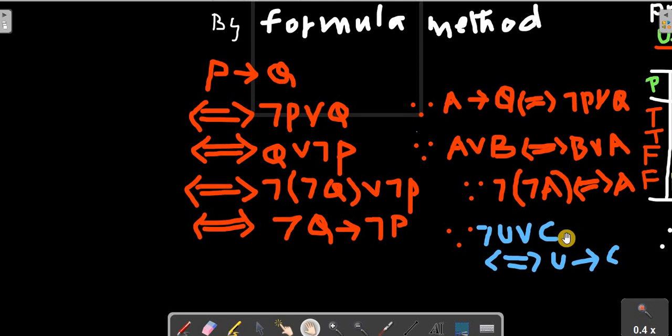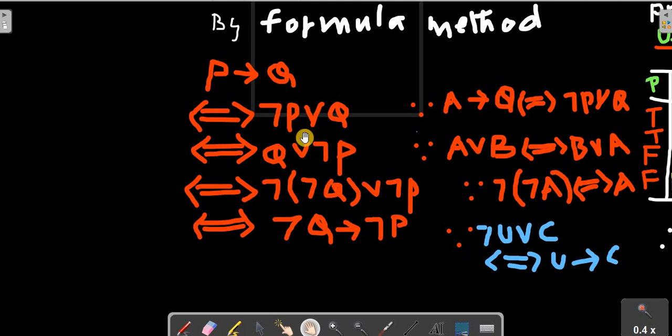So negation of negation Q or negation P can be written as negation Q, that is U coming here, implies C, and this C can be replaced by negation P.